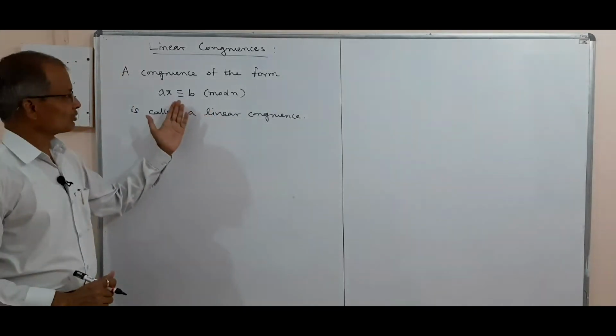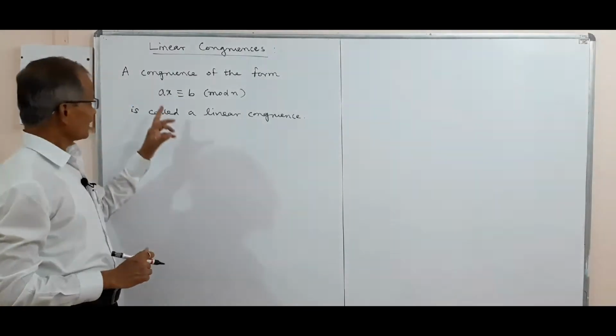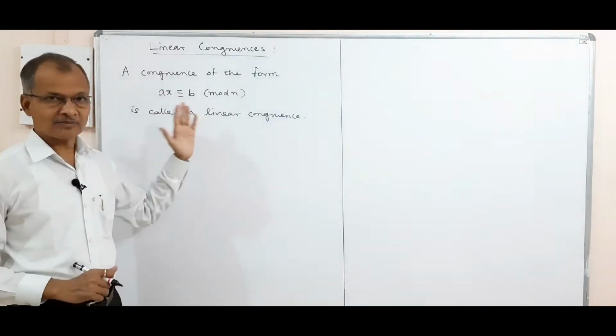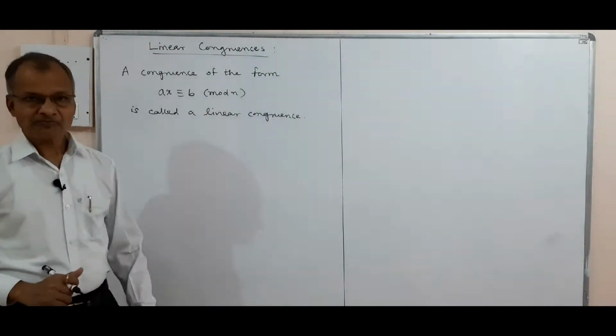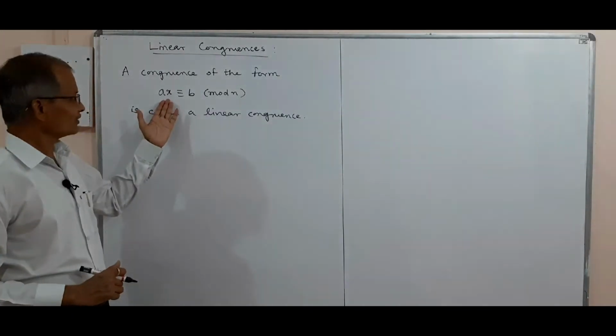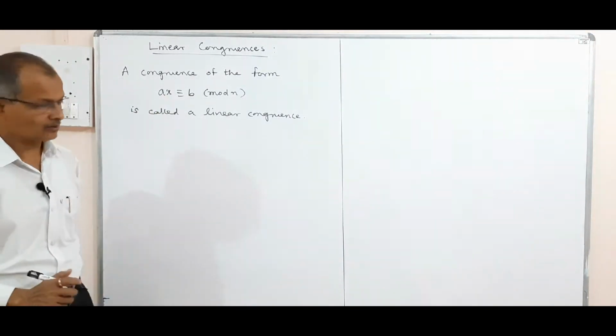Now what will be the solution of this linear congruence that we have to study? It is similar to a linear equation or algebraic equation. A value of x which satisfies this congruence is said to be a solution of this congruence.